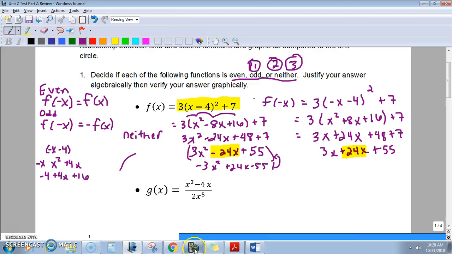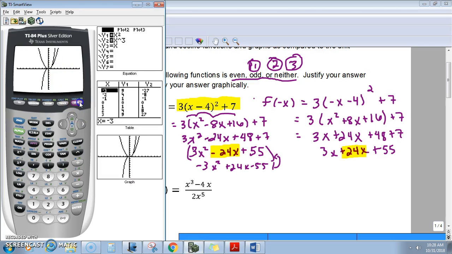And then if you want to see what that looks like graphed, we'll just put it in. 3 parenthesis x minus 4 squared plus 7, go graph.